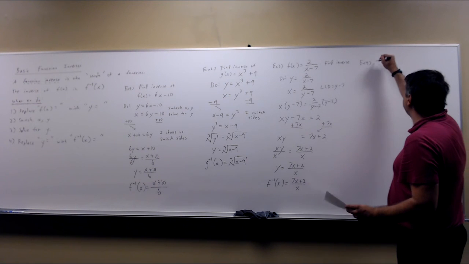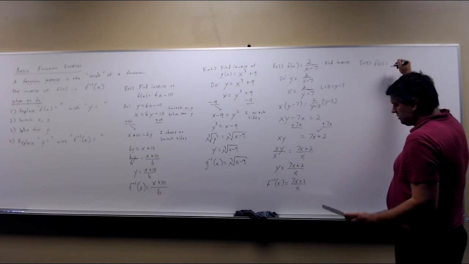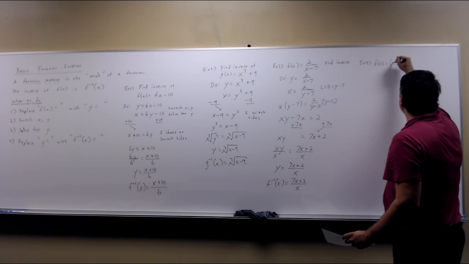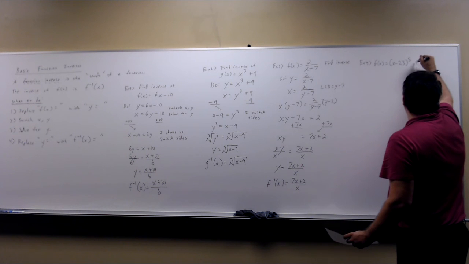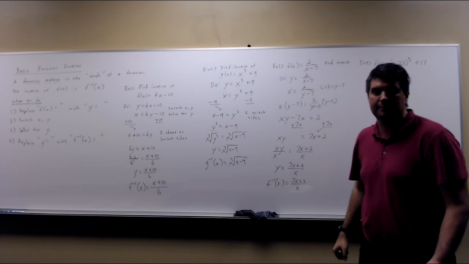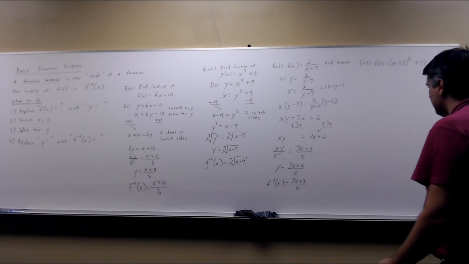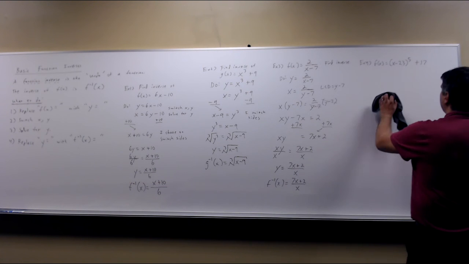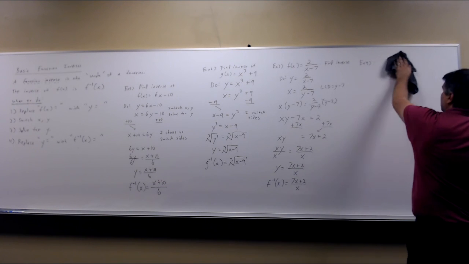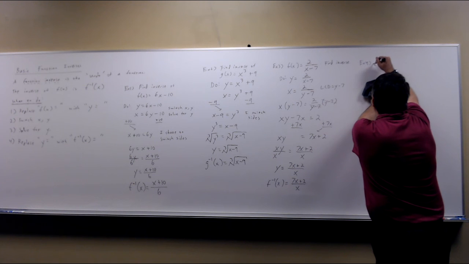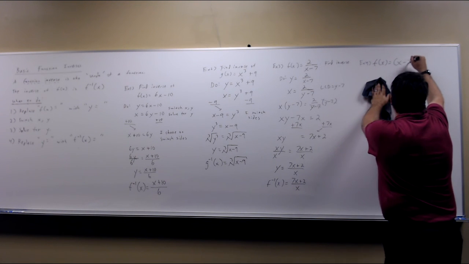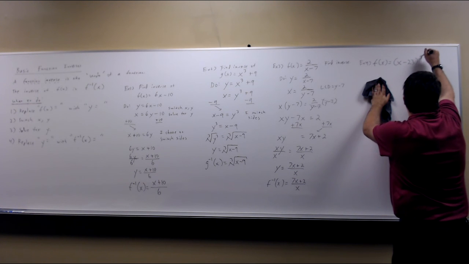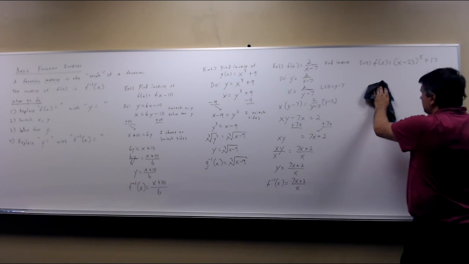I got f of x equals x minus 23 to the 5th plus 17. Since the camera has a tendency to go out of focus here on the edge, I'm going to write that bigger. F of x equals quantity x minus 23 to the 5th plus 17.